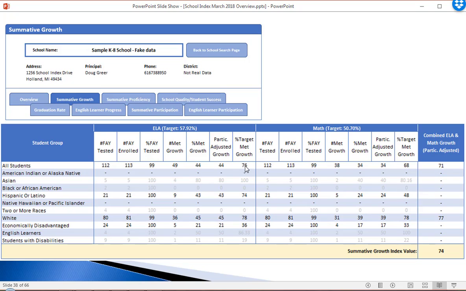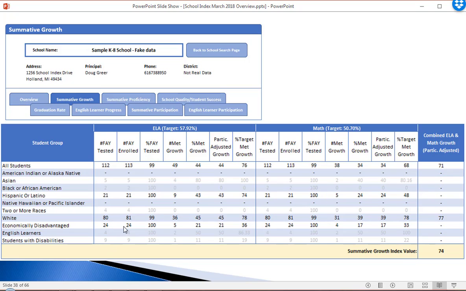In math, it was about 34% met the target, but the target was 51%, so we say 68% met the target. So when we average math and ELA, we get 71% of students met the target for adequate growth. It does tend to show subgroups less than 30 but greater than 10, so we can see the 21, but it's not calculated.